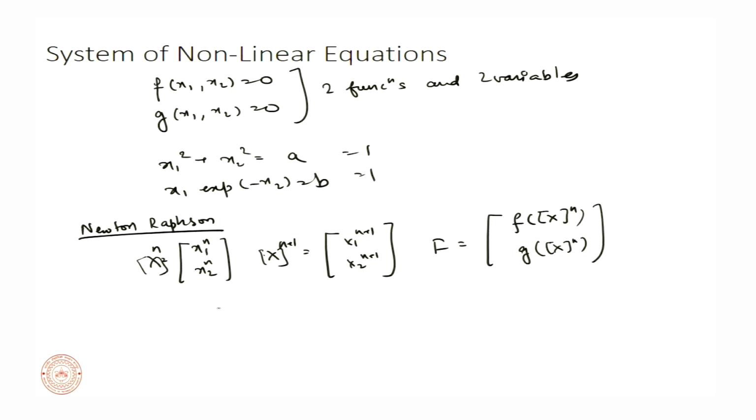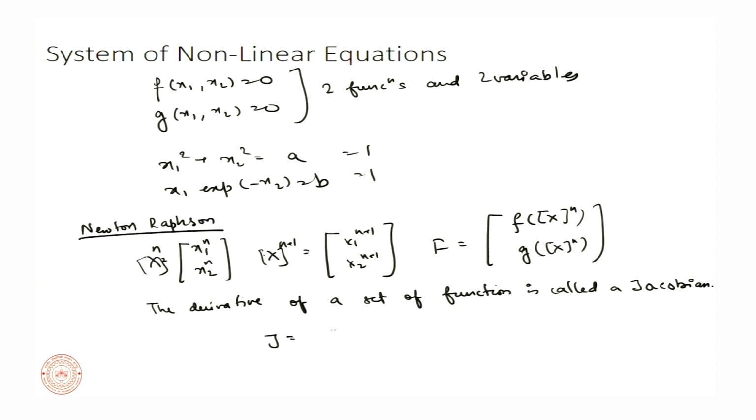Okay, we need a derivative. The derivative of a set of functions is called a Jacobian. So the J matrix will be the derivative of the F matrix: del F by del x1, del F by del x2, del G by del x1, del G by del x2.